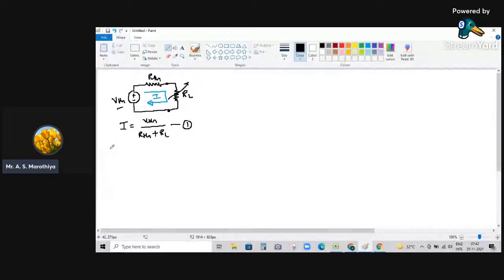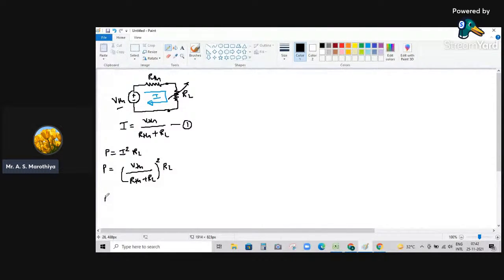So I know that power is nothing but V square by R, or I can write that power as I square into R, or we can write that power as V into I. So I'm using here the equation power is equal to I square into RL, where I is nothing but VTH divided by RTH plus RL, whole square, into RL.